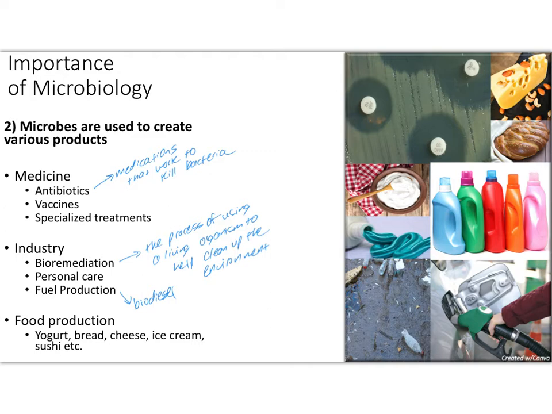Pretty much all cultures and societies across the world have figured out that it is possible to use microbes to modify raw food products and turn them into other things that we like to consume. So many of the foods eaten on a daily basis by many people across the world are a result of some type of microbe being involved in their production.